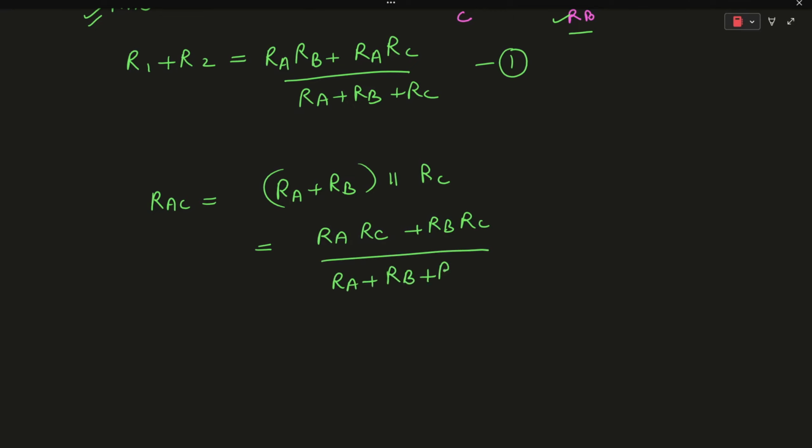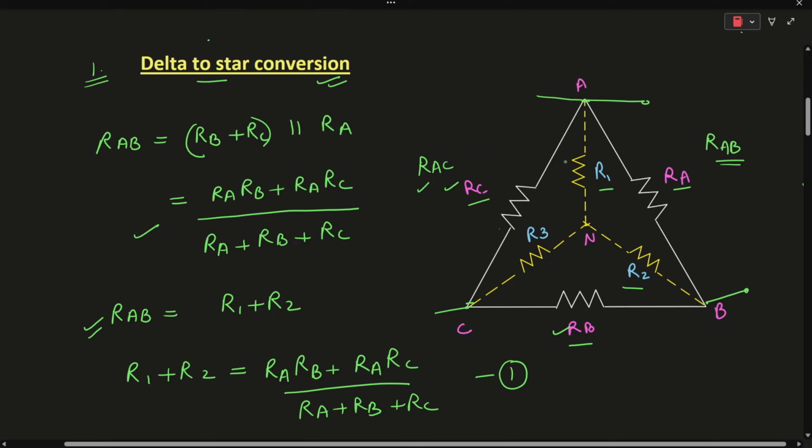We can also see that the value of RAC in the star connected network will be R1 plus R3. It means that R1 plus R3 will be equal to RARC plus RBRC upon RA plus RB plus RC.